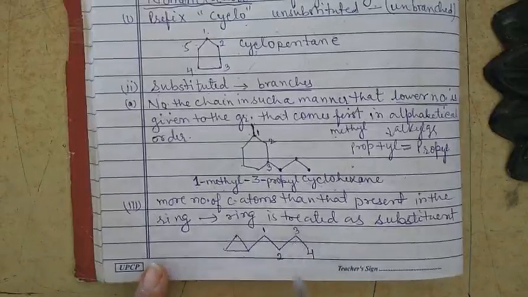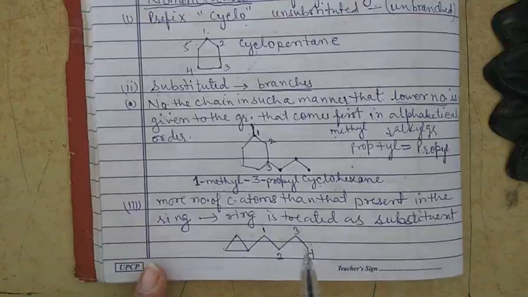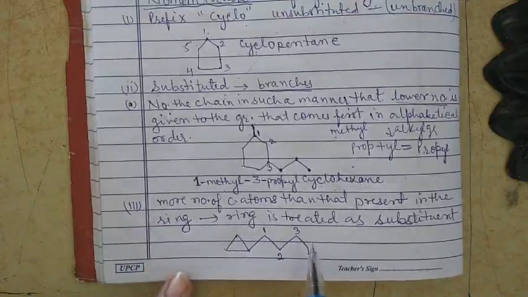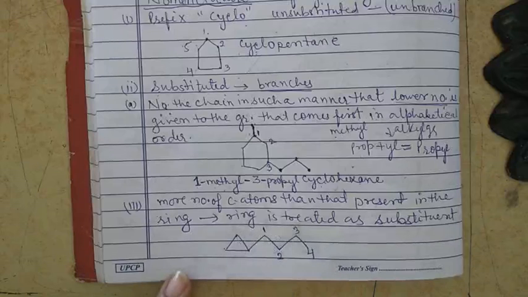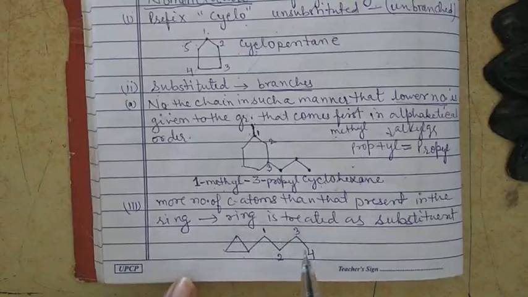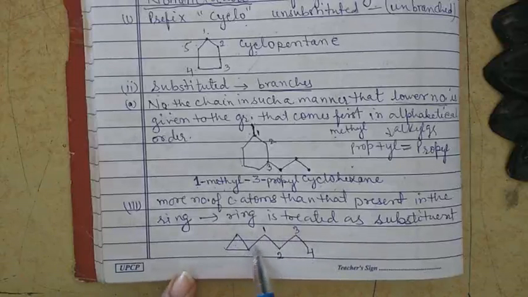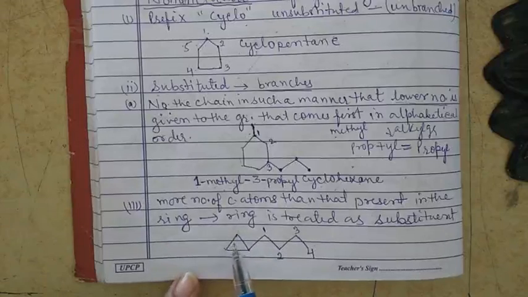So in this condition, where more carbon atoms are present, it is termed the parent chain or parent hydrocarbon, and the ring is termed a side chain, or a substituent.